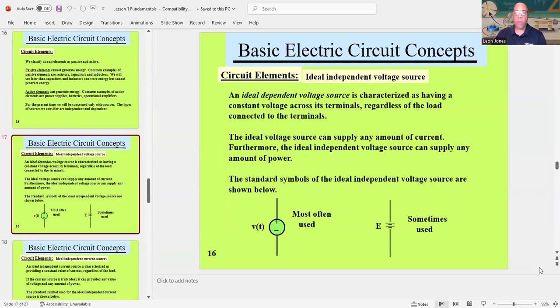So the ideal voltage source can supply any amount of current. Furthermore, an ideal independent voltage source can supply any amount of power. The standard symbols of the ideal independent voltage source are shown below. And in physics, take circuits, you're going to use a lot of these symbols. This one you use most often.